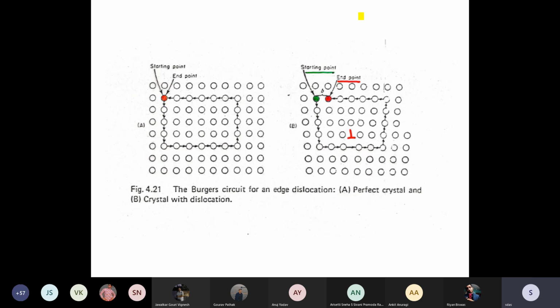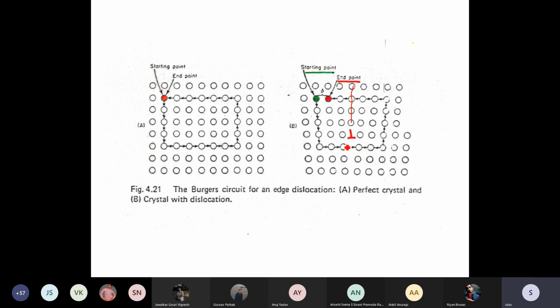Now look at the right side figure. There is an extra half plane. Okay. So now we are drawing a circuit around it. 1, 2, 3, 4.